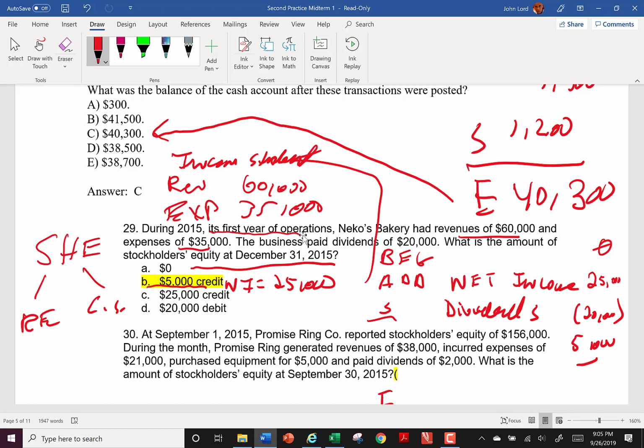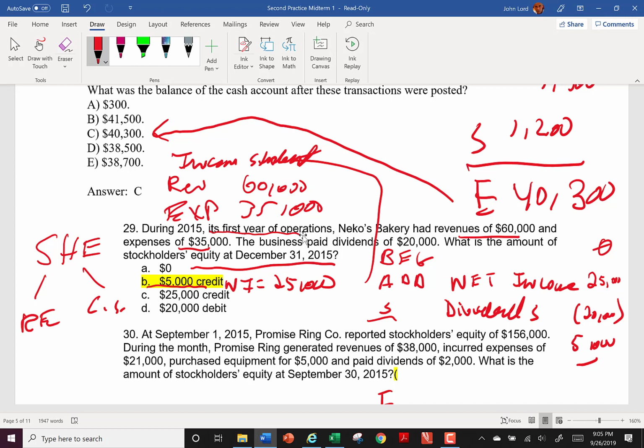So when I credit the cash, cash now has a balance of how much? Debit versus credit. What's the balance? 25,000. Okay. My expenses, I just debited for 35,000.